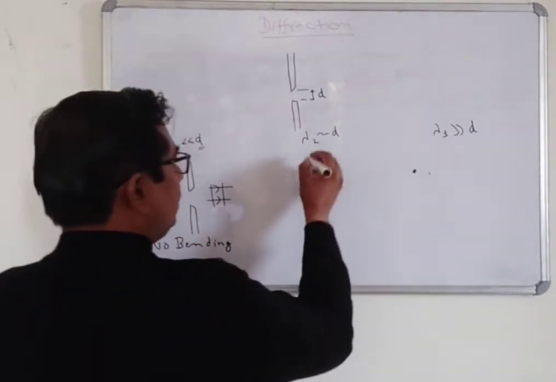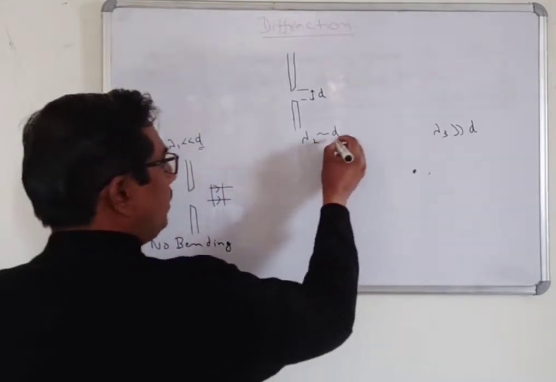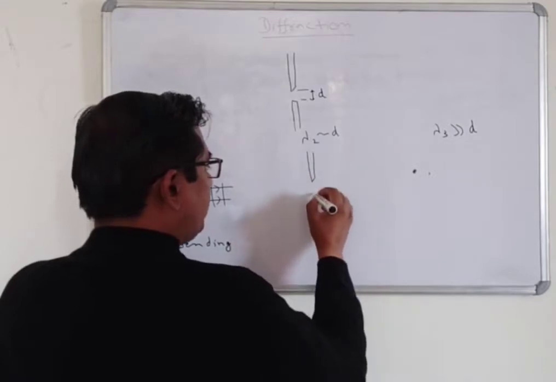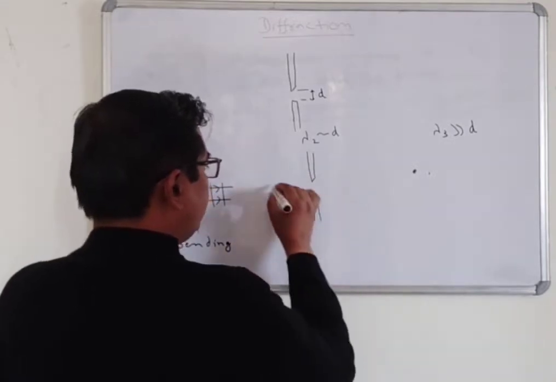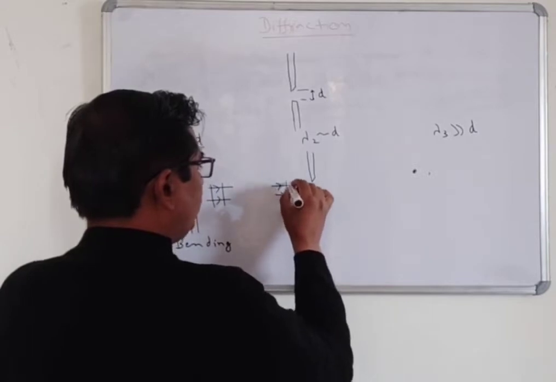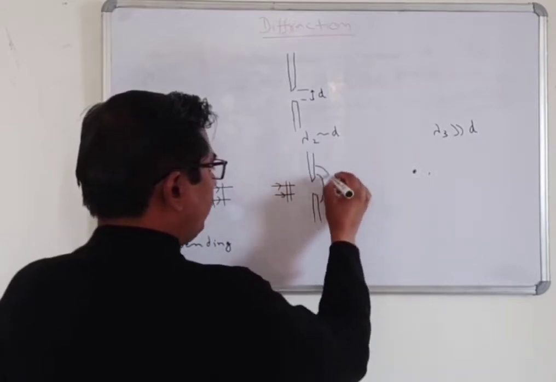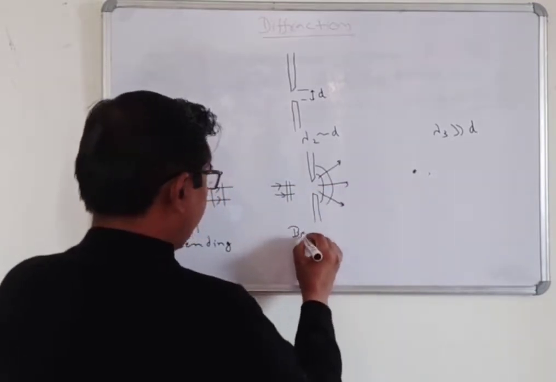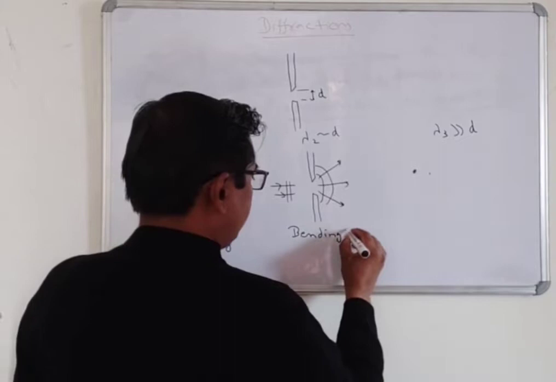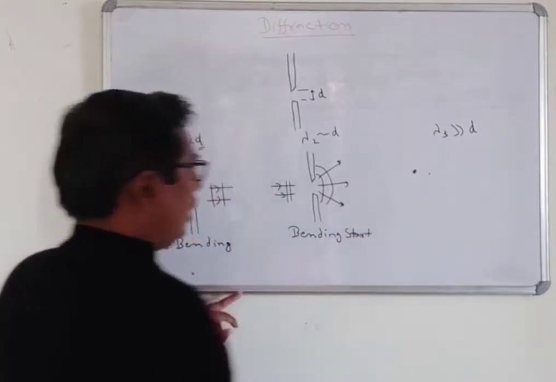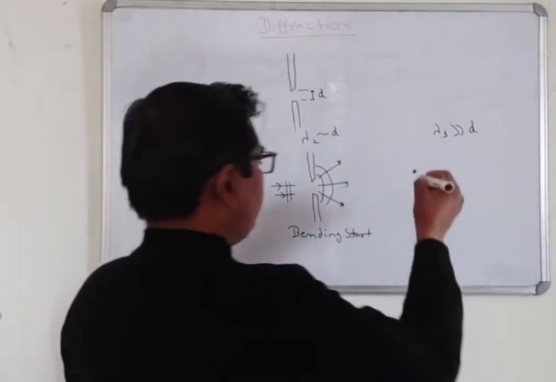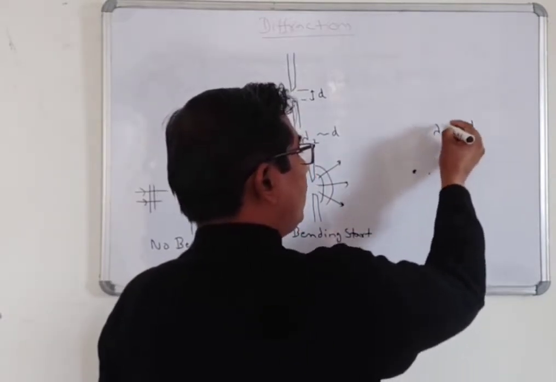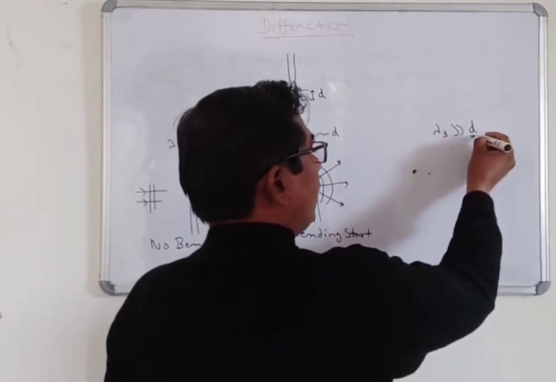Now in this condition, when the wavelength of the wave is comparable with d, according to the condition, the diffraction will start. It means that here you will see the bending of the wave like that. Here bending starts. And now here you can see that lambda is much greater than d. It means the wavelength of the light is much greater than the size of the obstacle.